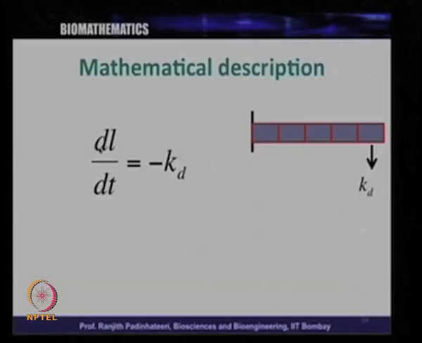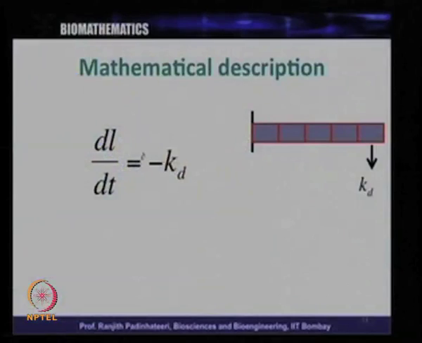So, we have to say specifically that the change is a decrease. When it is decreasing, it is a minus sign. Look at the slide, it is a minus sign here. So, dl by dt is minus Kd, where Kd is the rate of depolymerization.